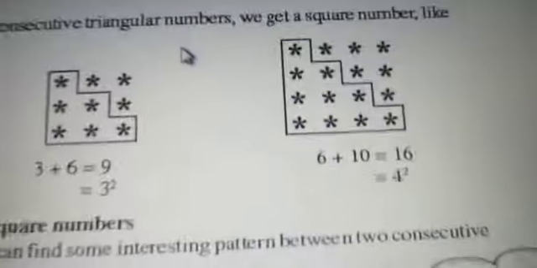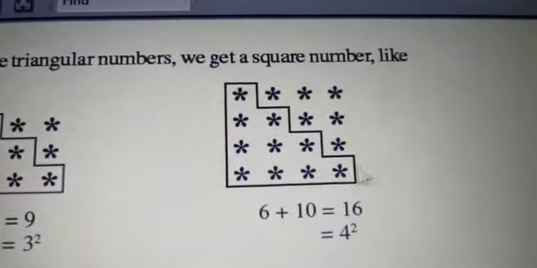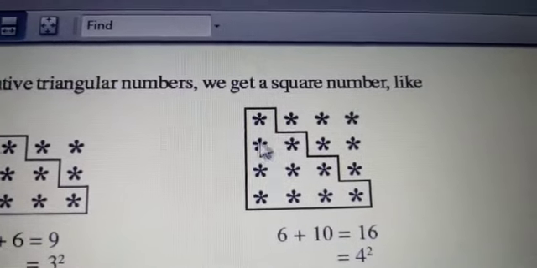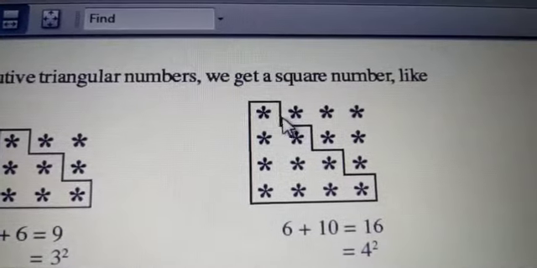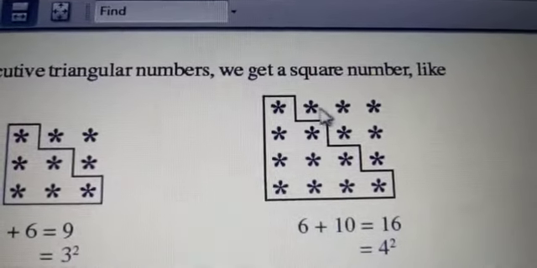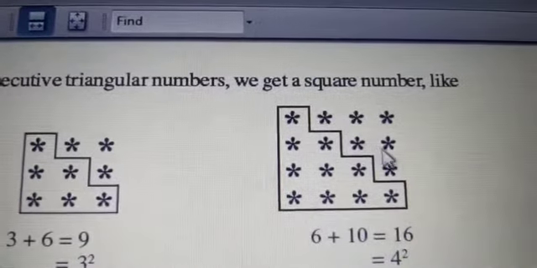Next, see here in 15, using this 10, I am forming one triangle, is it? In order to fill this and make it a square number, I am using 6 numbers: 1, 2, 3, 4, 5, 6.